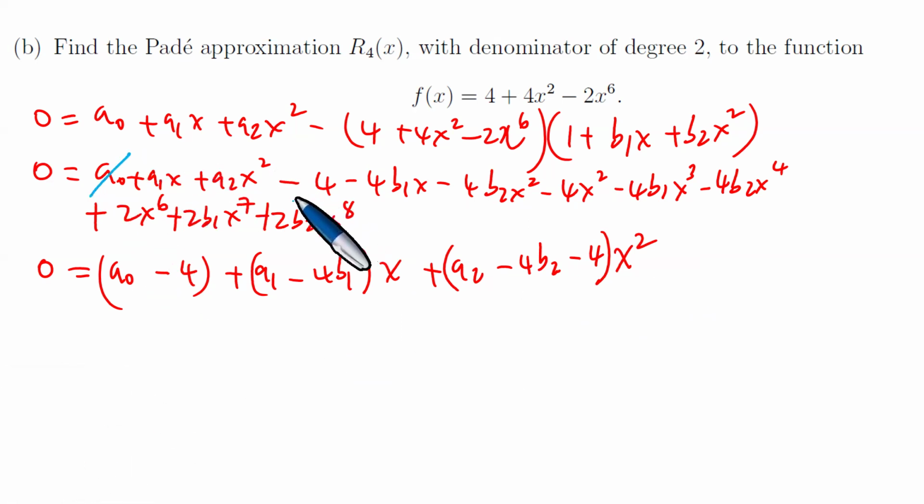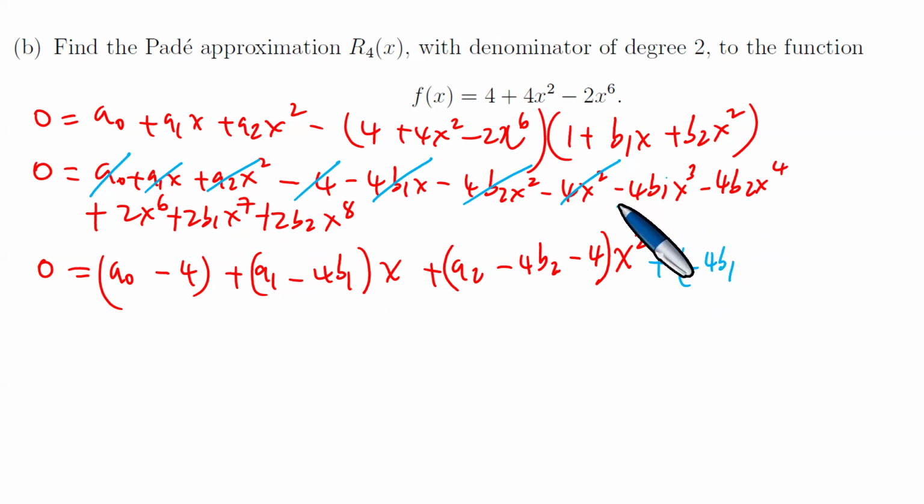So A naught, this. A1, that, okay? And then A2 minus 4b2, the minus 4. So we're done with all those, and then now we're going to look at the cubic terms.